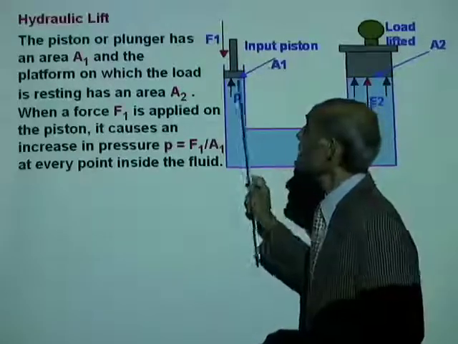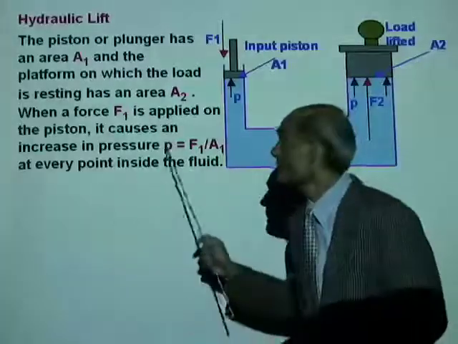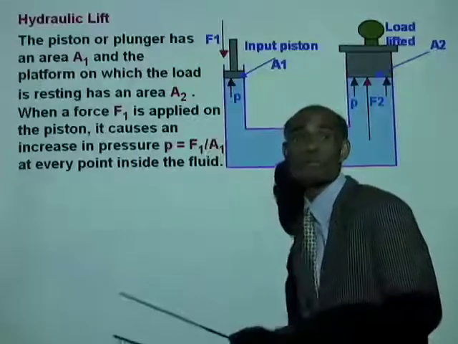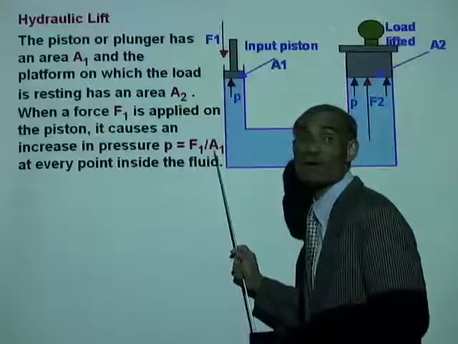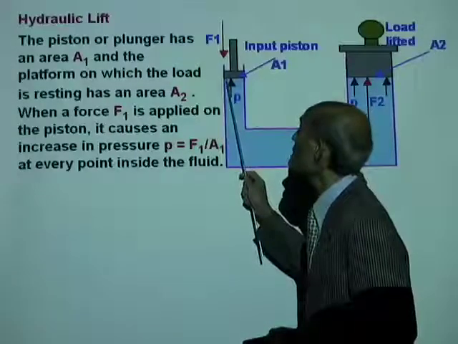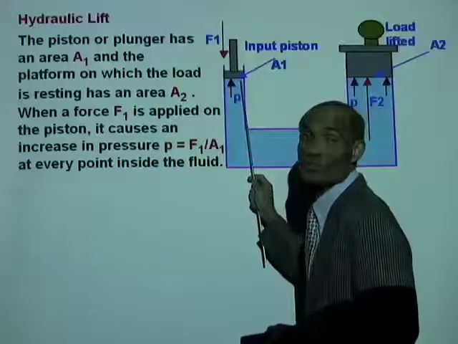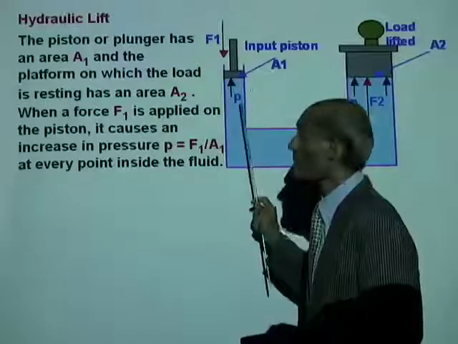So what is the increase in pressure that force will cause? That force causes an increase in pressure P equal to F1 divided by A1. And that increase in pressure is felt all over these points which are directly in contact with this piston.